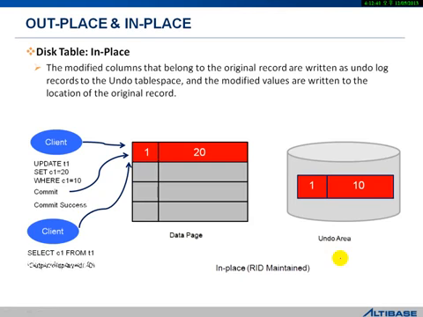So client B now has the authority, so it gets a value of 20. And because it's committed, the original record saved in the undo area is deleted and becomes useless. And when there's another modification, the undo area is reused. Okay, so this is how the disk table does the concurrency control.